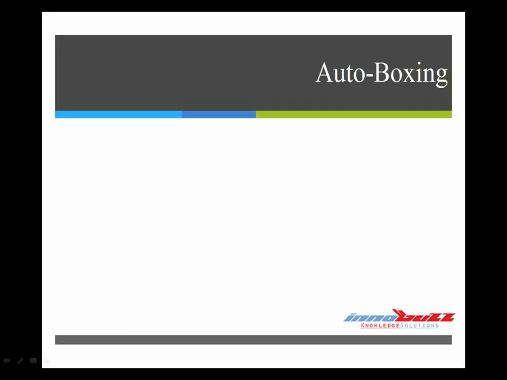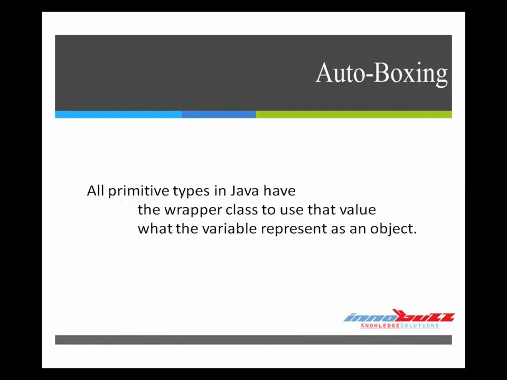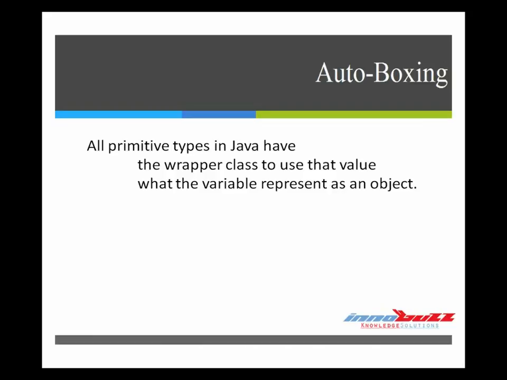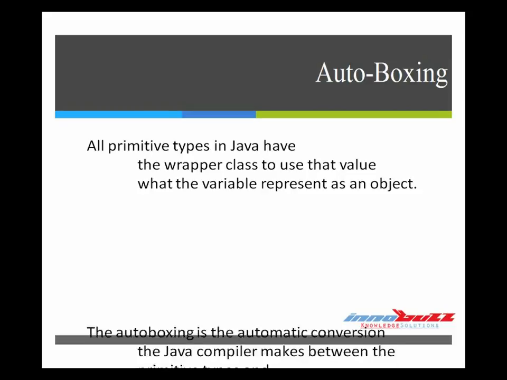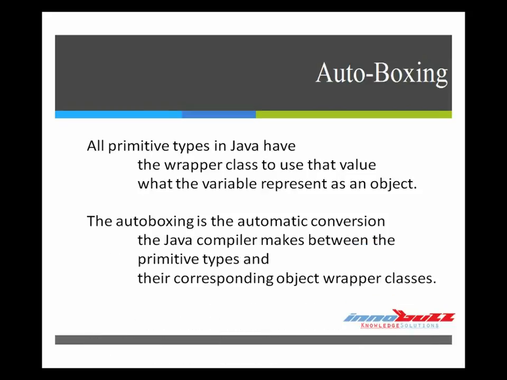Auto-boxing. All primitive types in Java have a wrapper class that holds the value the variable represents as an object. Auto-boxing is the automatic conversion that the Java compiler makes between the primitive types and their corresponding object wrapper classes.